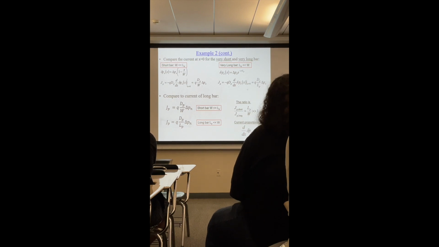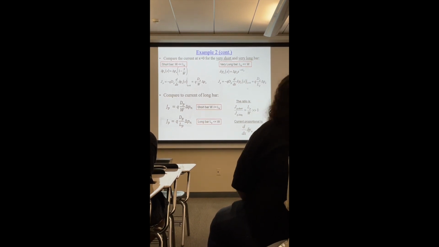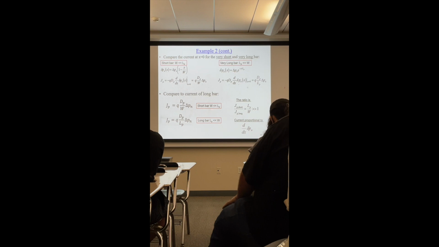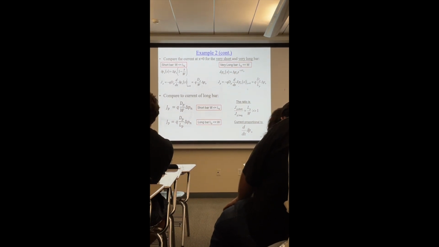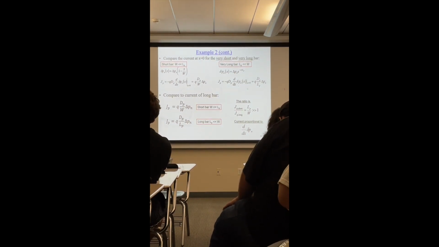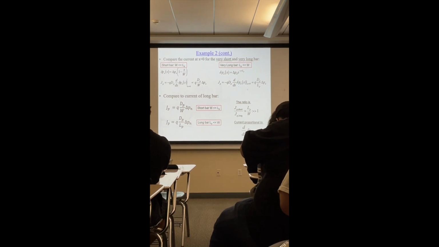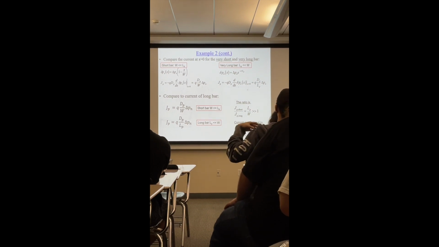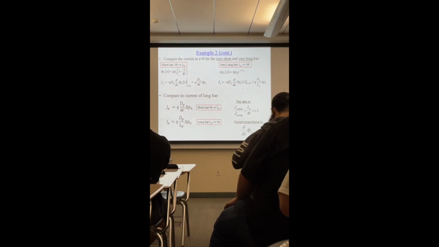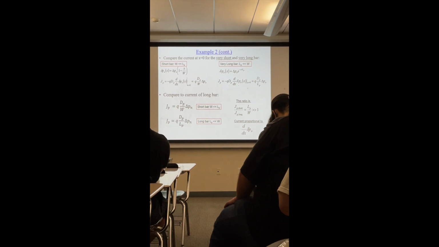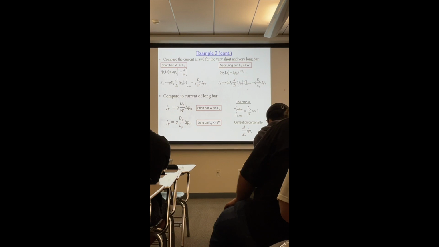We can calculate their ratio, J_P for short over J_P for long bar, and you will see it is equal to L_P over W. Because W for the short bar is much smaller than L_P, this current ratio is much larger than 1.